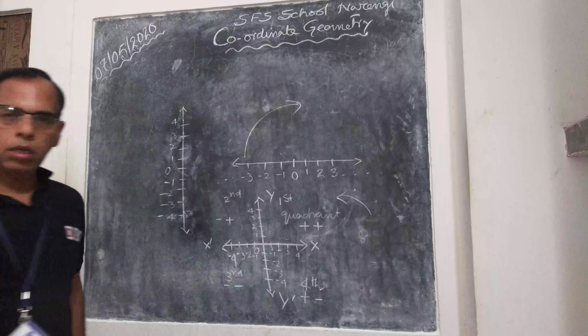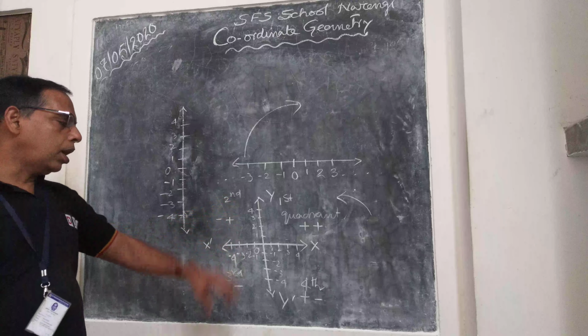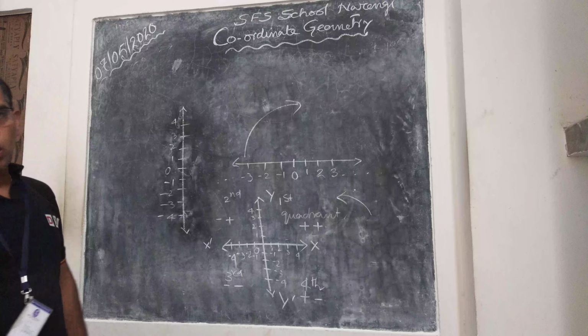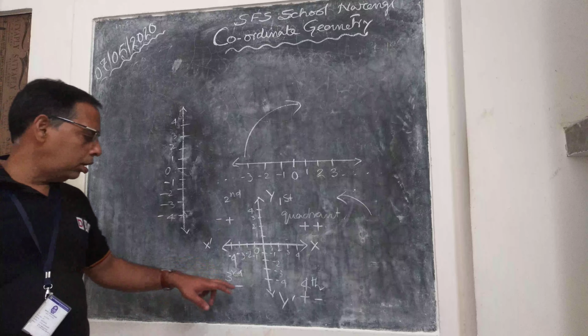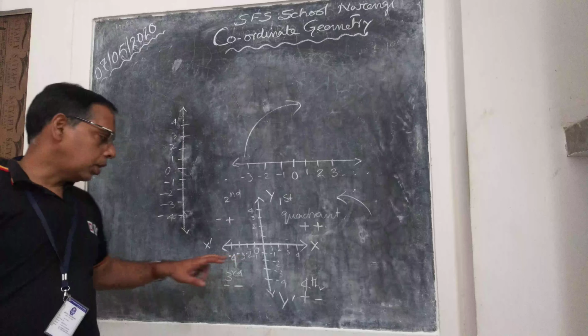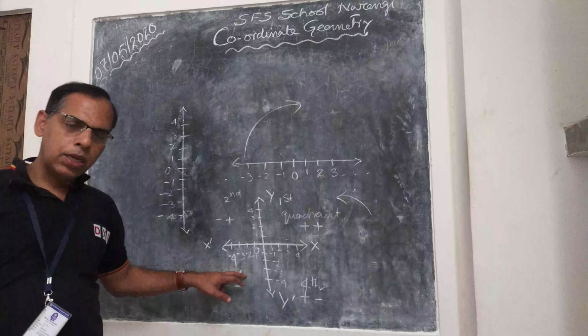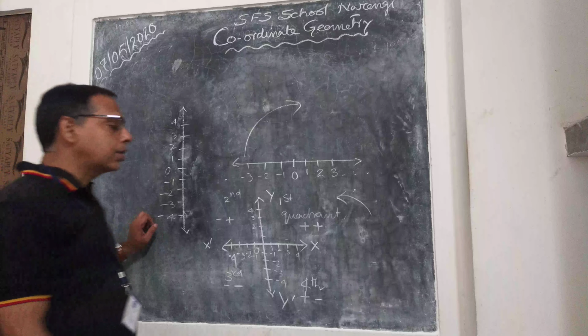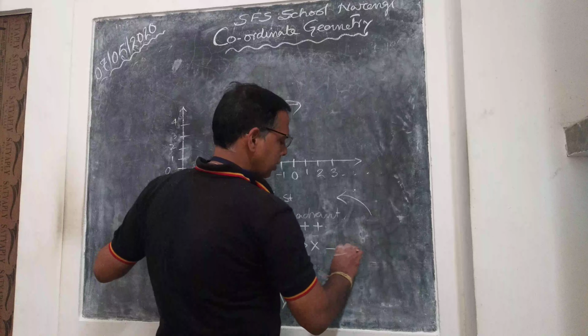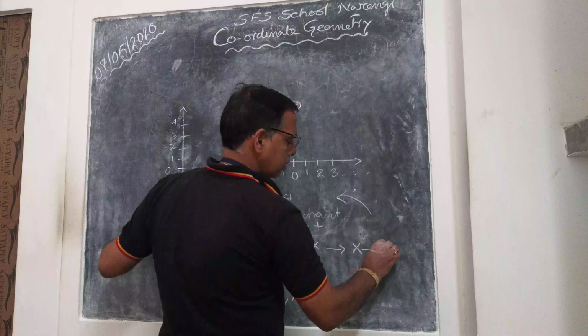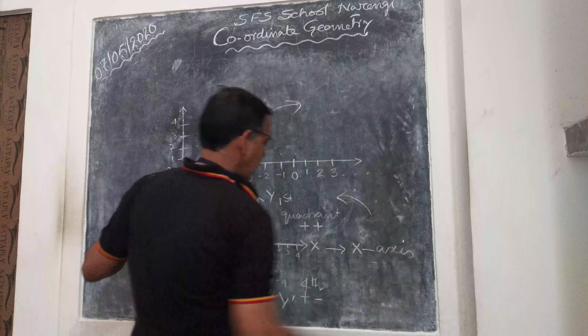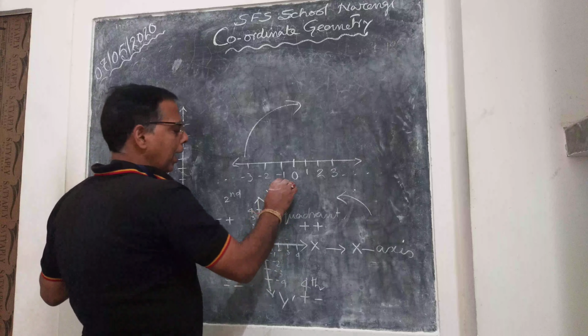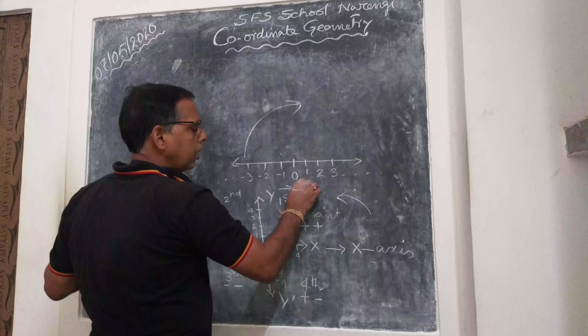This is the point. Clear? So this is coordinate geometry. Now, already I told that this one is known as X or X dash, that is simply known as the x-axis. And this is known as the y-axis.